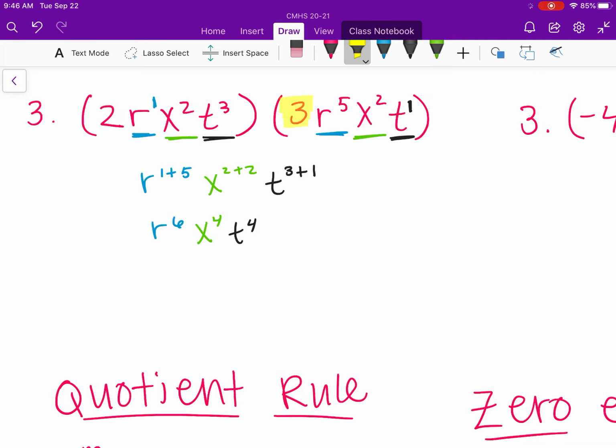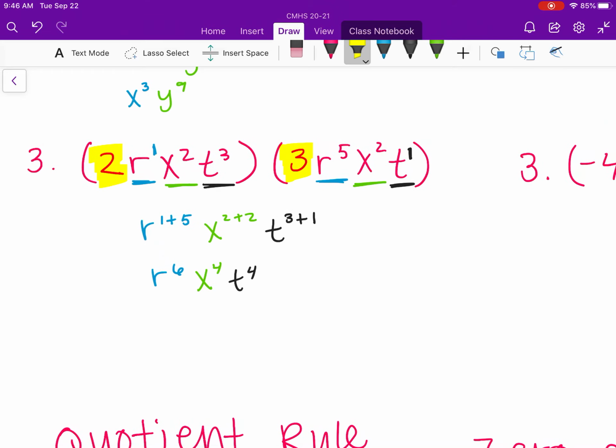Now, these numbers, these big ones, are actually called coefficients. So I'm going to make an arrow and I'm going to write coefficients. Because they're not little like these other exponents are, they are actually big. So whenever we multiply the big ones, we actually do multiply them.